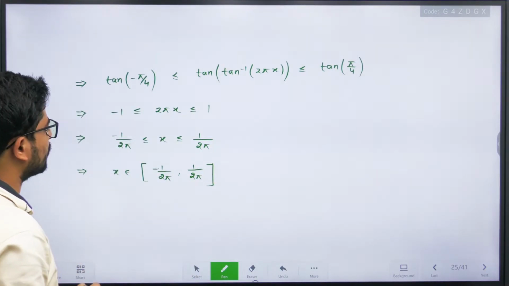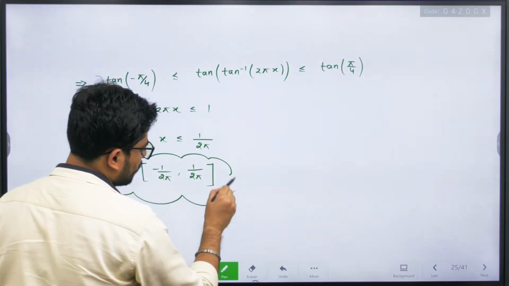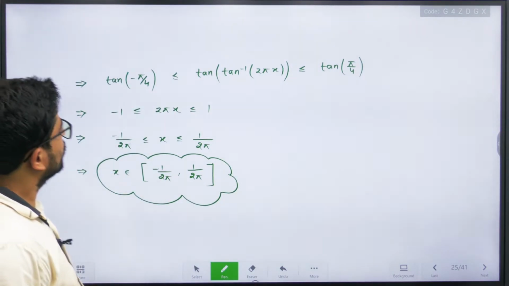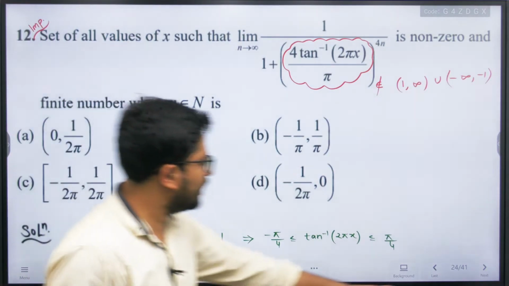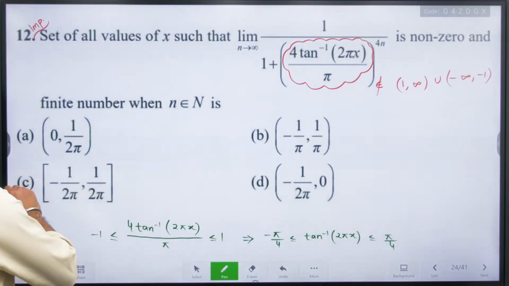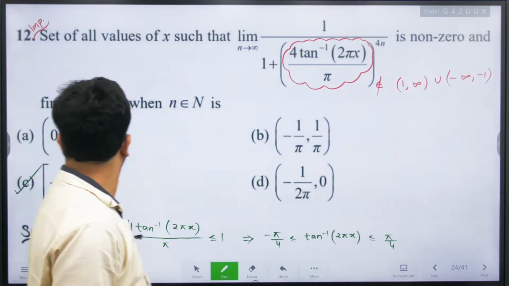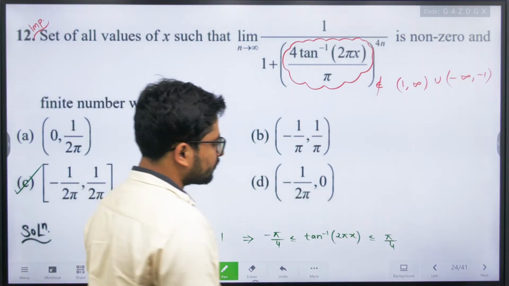This is your final answer. So which option is the correct option? Minus 1 by 2 pi to 1 by 2 pi, so option C is the correct answer.